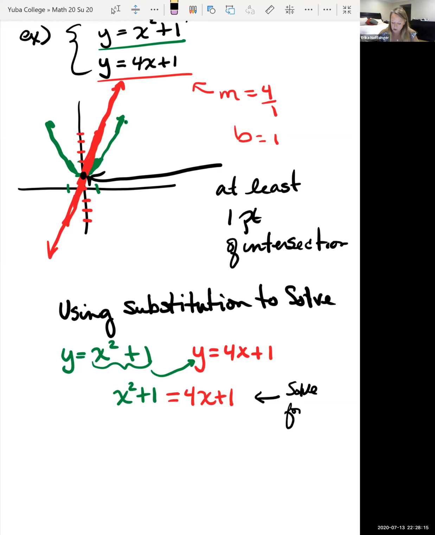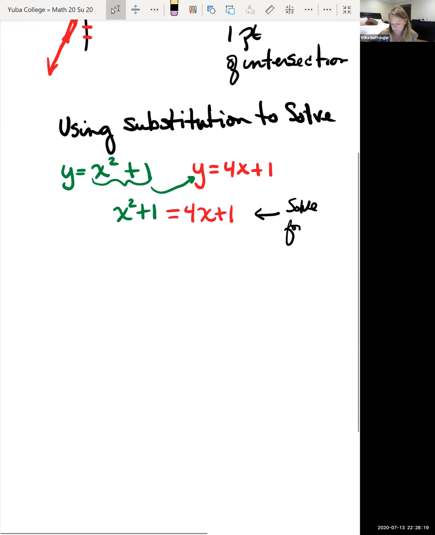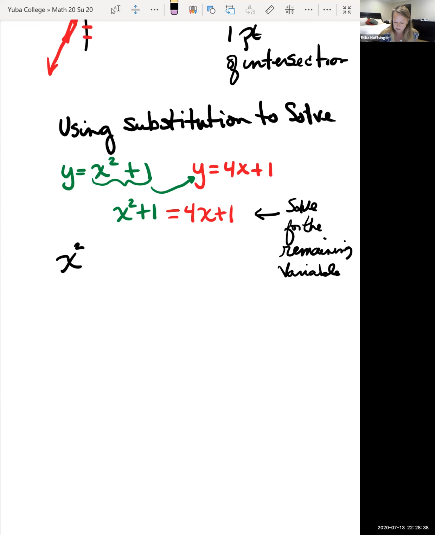I notice this is quadratic, so I would want to get everything to one side of my equal sign and see, hopefully, that I could factor. So solve for the remaining variable. Okay, so I'm going to subtract 4x on both sides. So I'm still left with this x squared minus 4x.